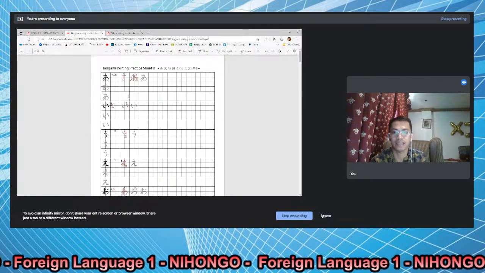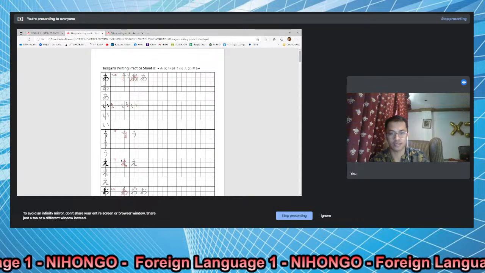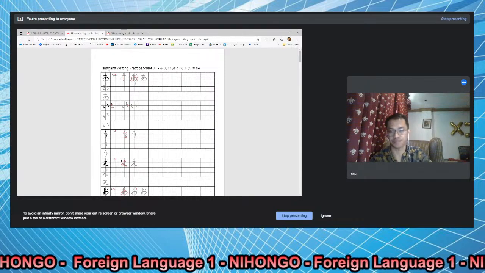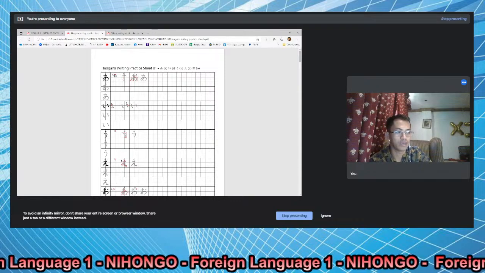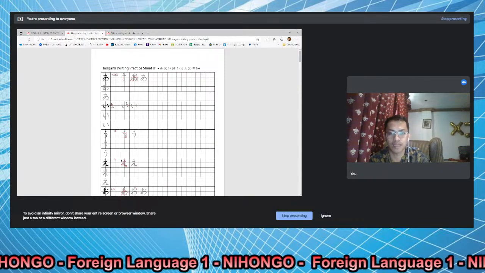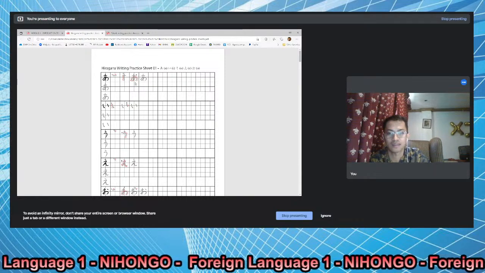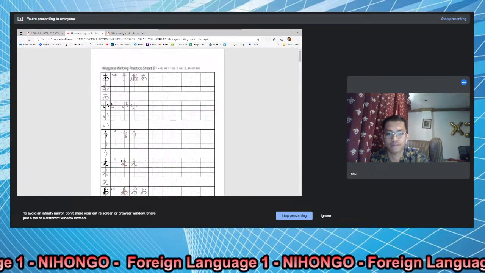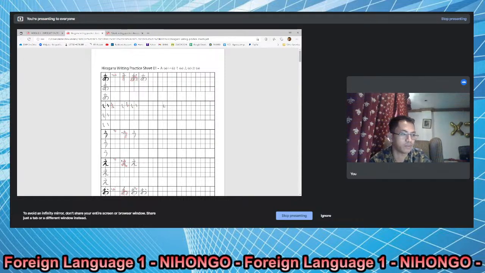Ayan, para may guide kayo. So, in this practice sheet, meron niyang guide on how you write each character. Yan, may mga numbers yan. Ichi, ni, san. Okay, then fill out niyo yan. Ito yung example.